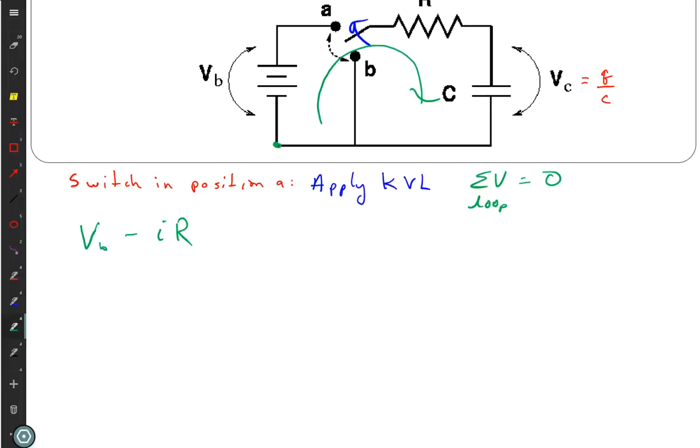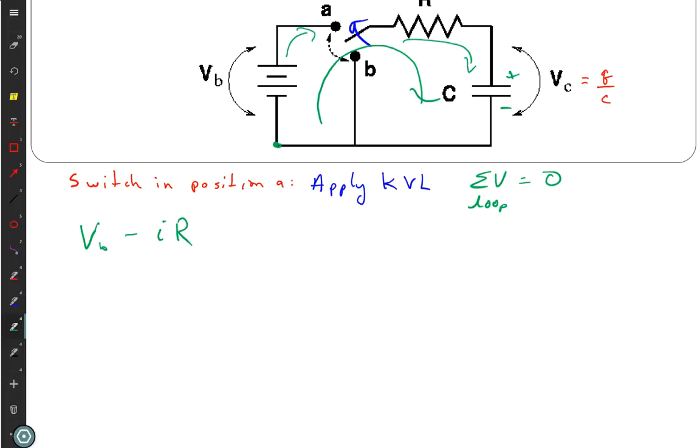What direction should the current be flowing in this circuit? Okay, so the current should be flowing like this when I first flip the switch, because it's going to charge that up. And so I'm going to get a positive charge on the top and a negative on the bottom. For our sign conventions, we define the sign convention the same way as we do for a resistor.